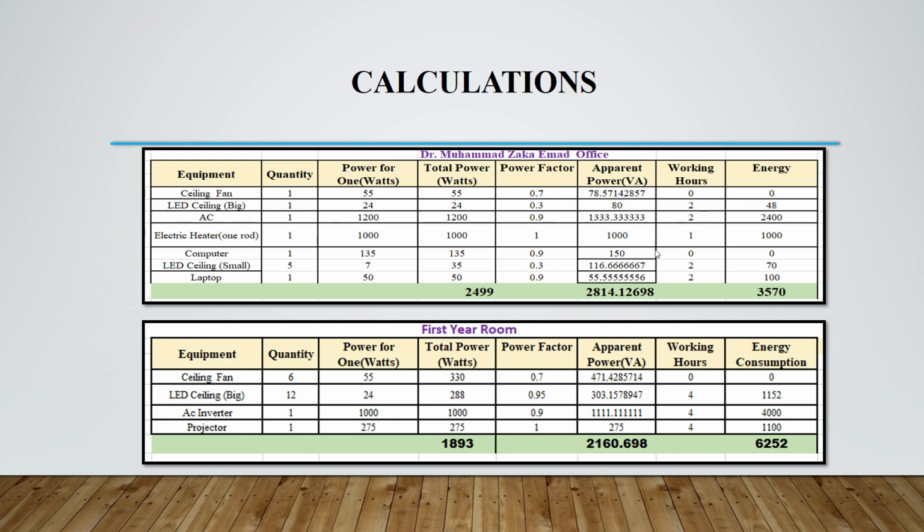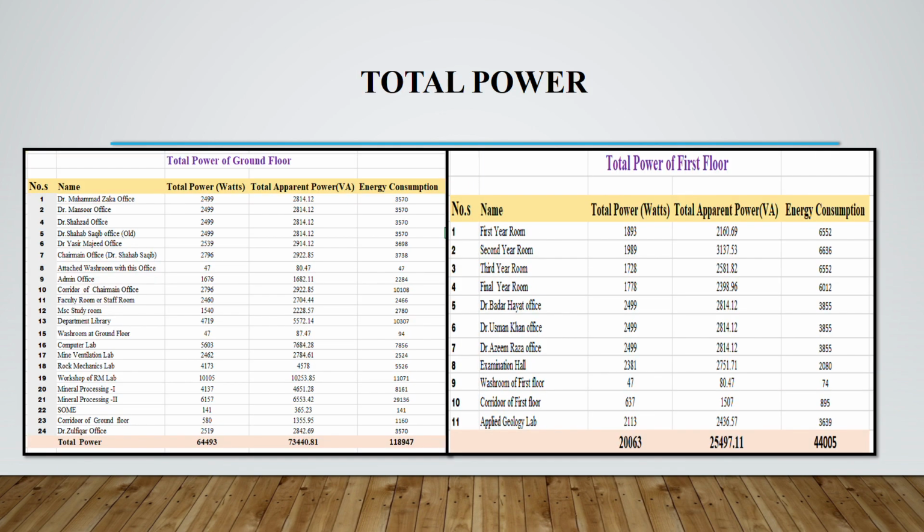I divided the total power into two sections: total power of the ground floor and total power of the first floor. I add all the offices, labs, library, and all other items that are present on the ground floor and the first floor, which I am putting into the lab report.